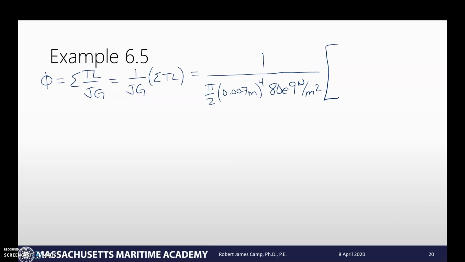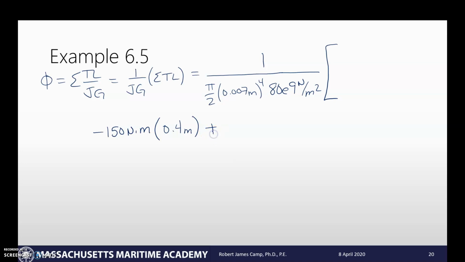And then now I'm going to multiply it by everything else. I'm going to move that to the next line to give myself a little more room. So I have negative 150 newton meters. Over what length does that act? Well, A to C is 0.4 meters.